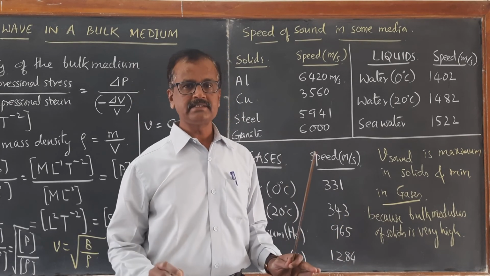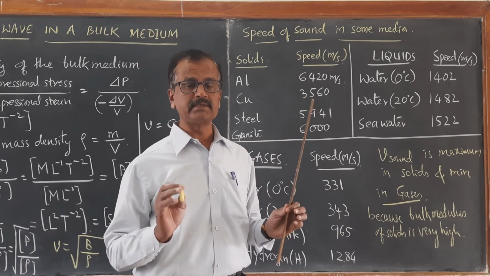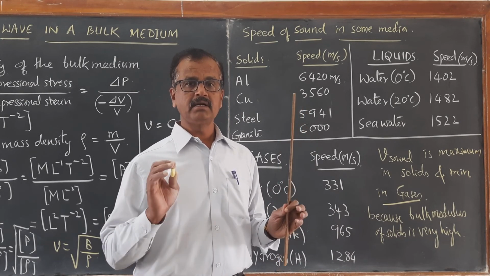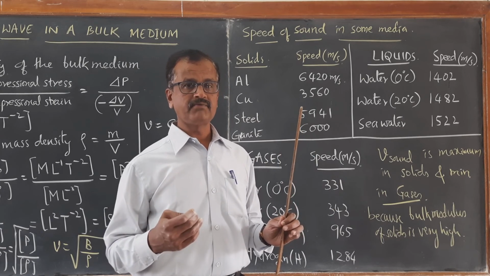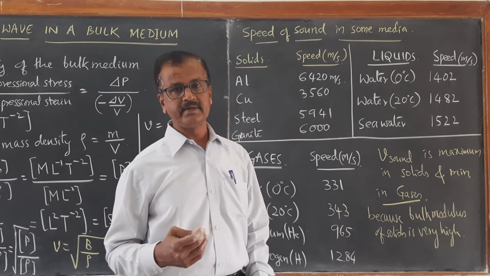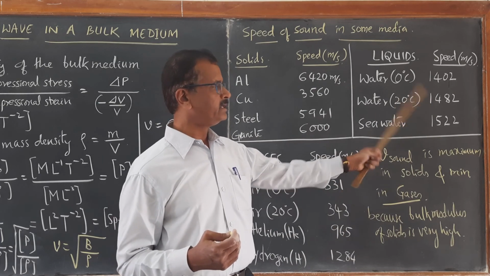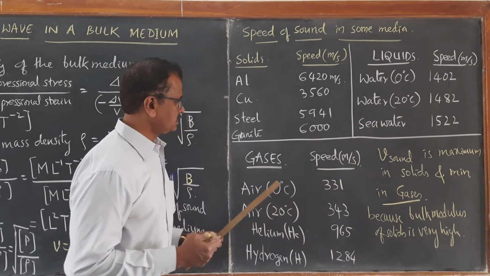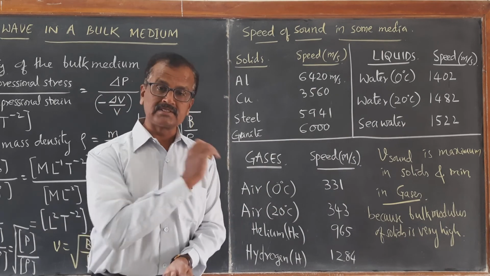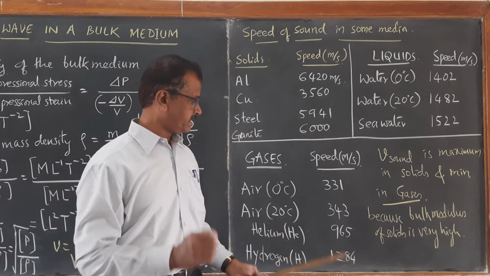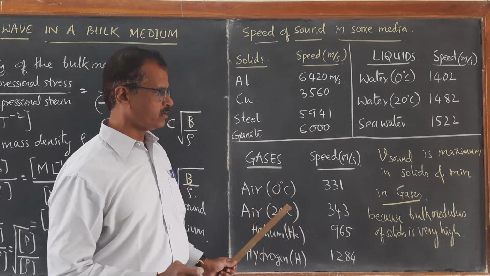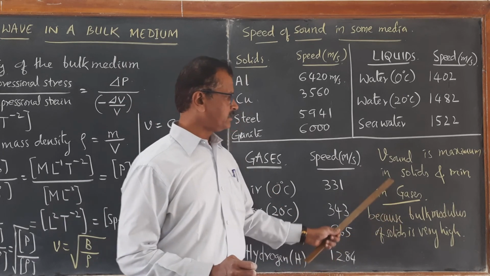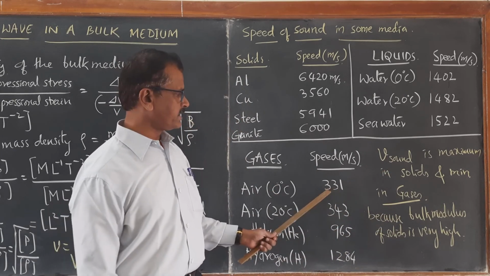The main reason is solids are highly incompressible. As a result, bulk modulus is very high in case of solids, followed by that of liquids. Therefore here it is a medium value, and the gases are highly compressible. Therefore their bulk modulus is very low. Since bulk modulus of gases is very low, their speed of sound is minimum.